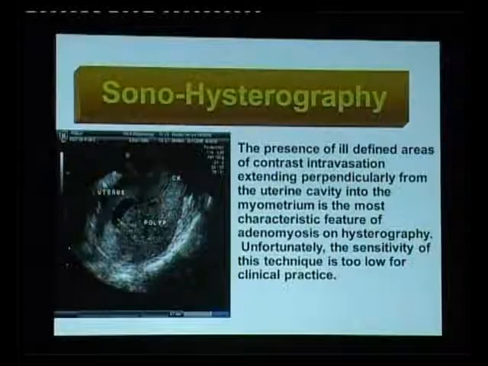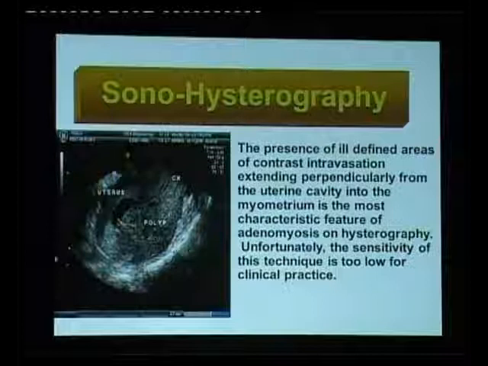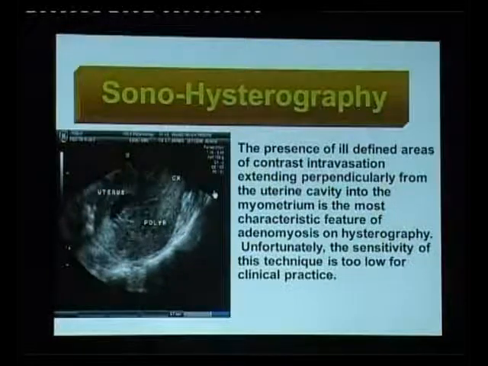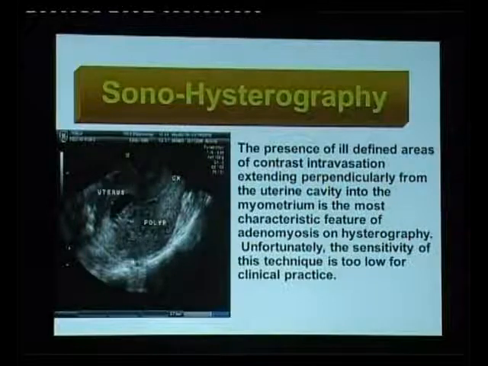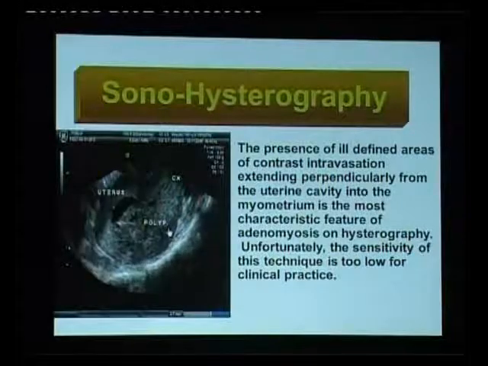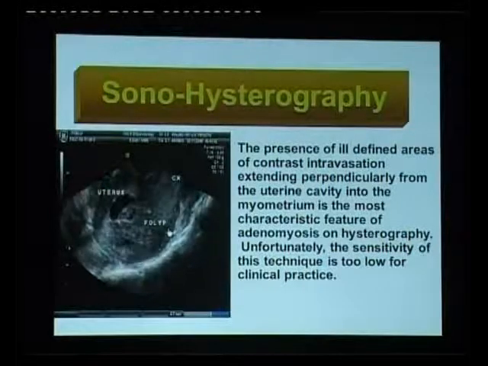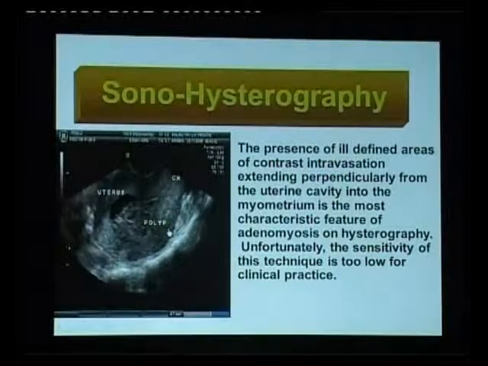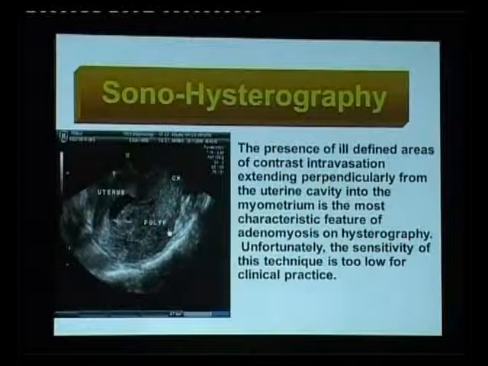Or when you are doing sonohysterography, what you can see is the presence of ill-defined areas of intravasation, which extend perpendicularly from the uterine cavity into the myometrium, and this is one of the most important features of adenomyosis on a hysterography.